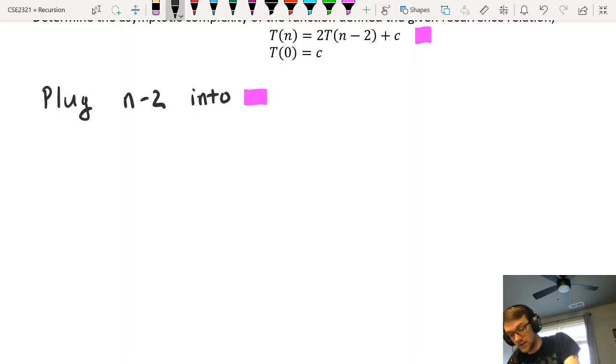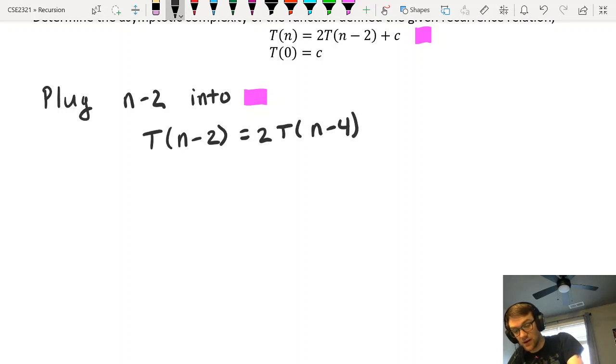let's do it in black still, t of n minus 2 on the left-hand side is equal to 2 times t of n minus 2 minus 2, which is n minus 4, plus c. We don't need to do anything with the c because there is no n appearing over there. So now we're going to take the right-hand side of this expression, underlined now in blue, and substitute it in for t of n minus 2.